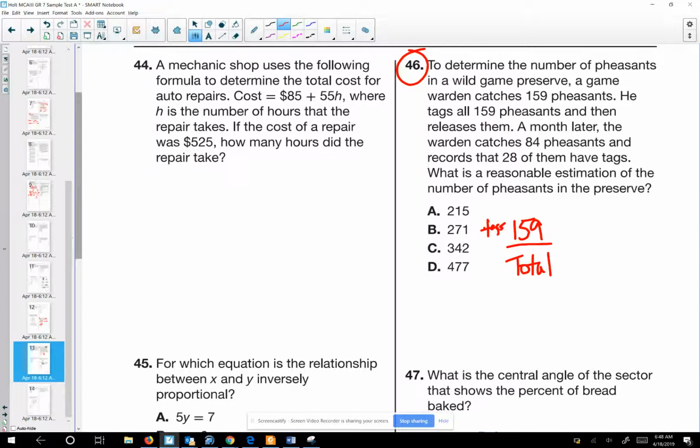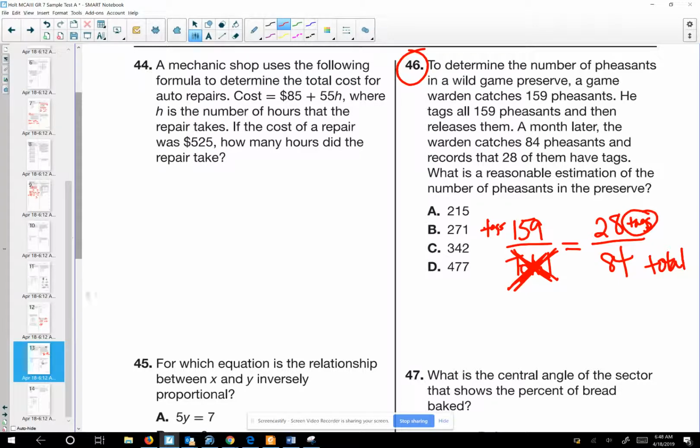Now then they come back and do a sampling, and they said 28 had tags, total of 84. Now really you have a proportion. This is how many have tags, this is the total that we've got. This is how many had tags originally, and I don't know the total, but now you have a beautiful proportion and you can figure it out.